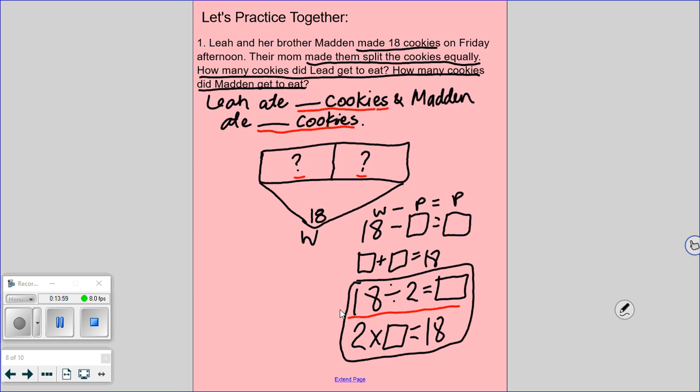So I'm going to go ahead and start dealing out. 1, 2, 3, 4, 5, 6, 7, 8, 9, 10, 11, 12, 13, 14, 15, 16, 17, 18. Each of my groups have an equal number.